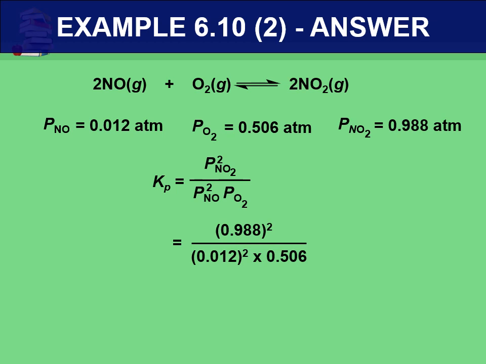We substitute: 0.988 to the power of 2 divided by 0.012 to the power of 2 times 0.506, and the answer is 1.34 times 10 to the power of 4.